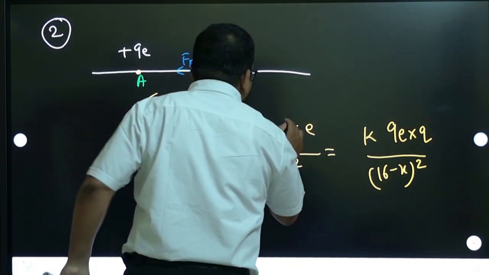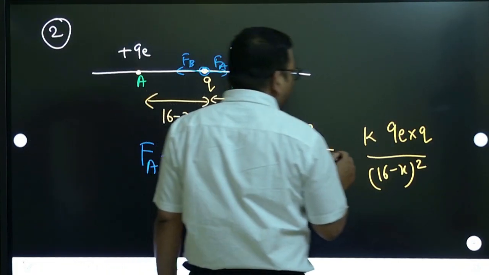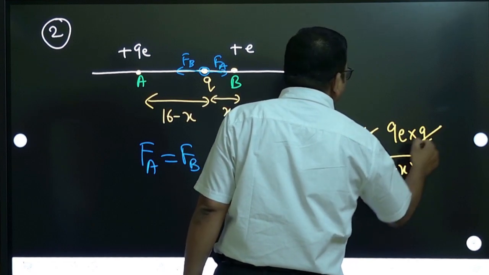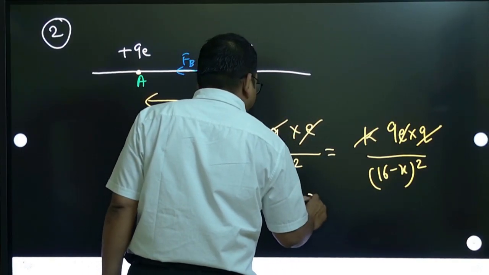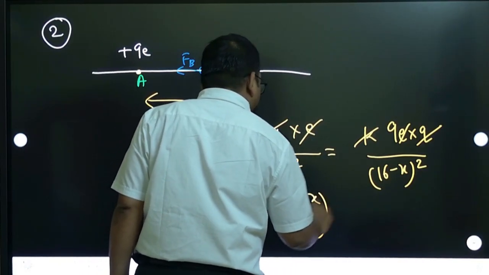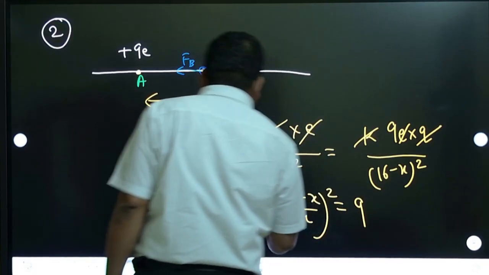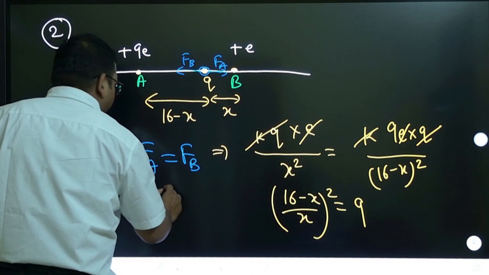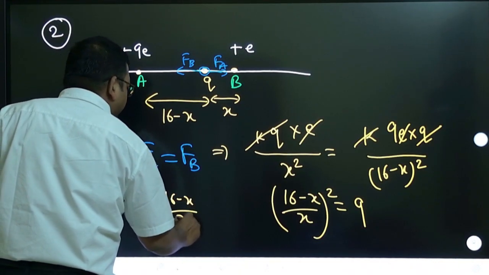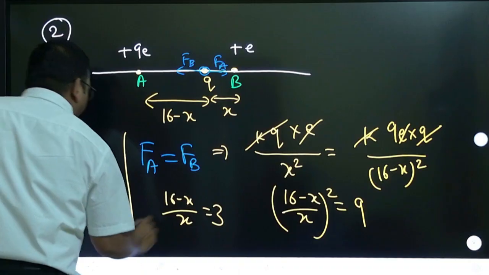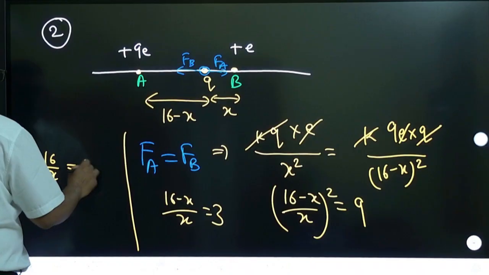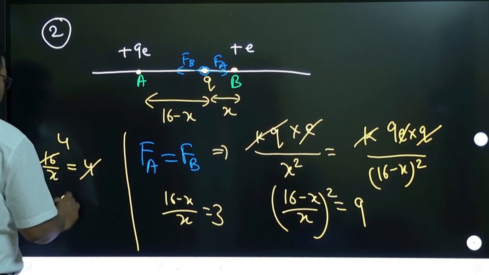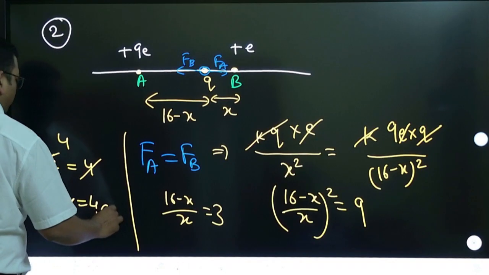Okay, so kq will get cancelled, and e also gets cancelled. So (16 minus x) by x, whole square, becomes equal to 9. Just solve it very fast. So (16 minus x) by x is equal to 3. Then 16 by x minus 1 equals 3, so 16 by x is 4, so x becomes equal to 4.